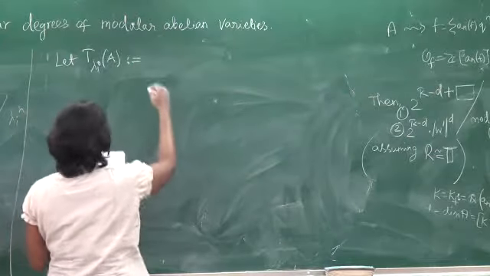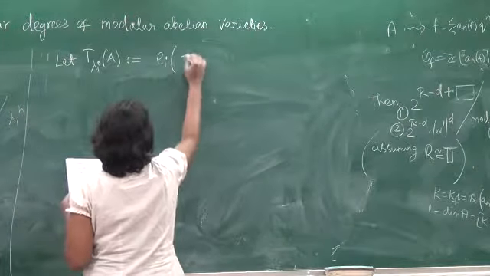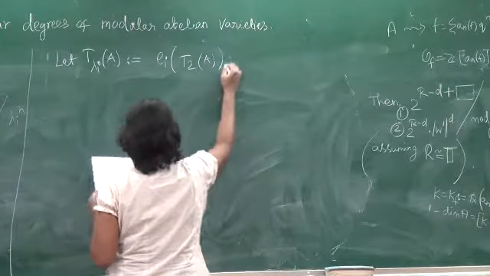Let T_lambda_i of A be the ith projection of the Tate module.